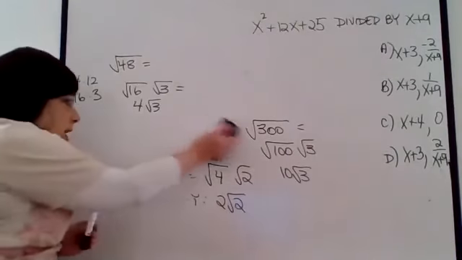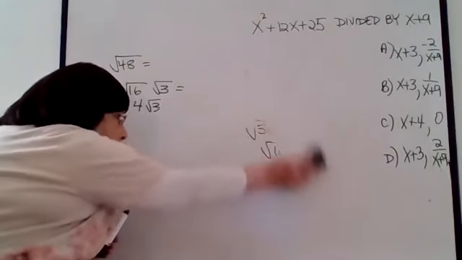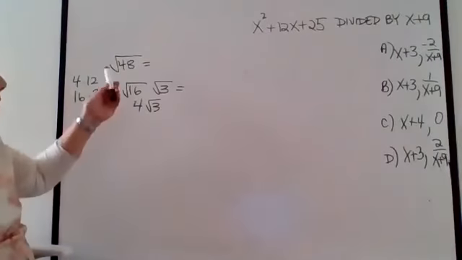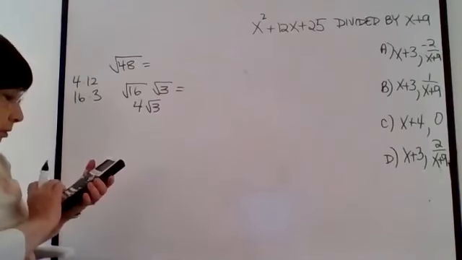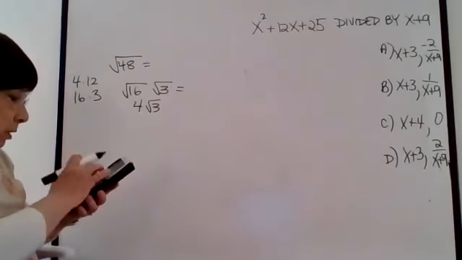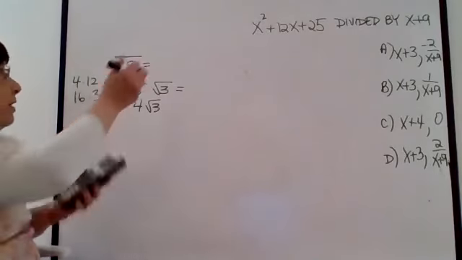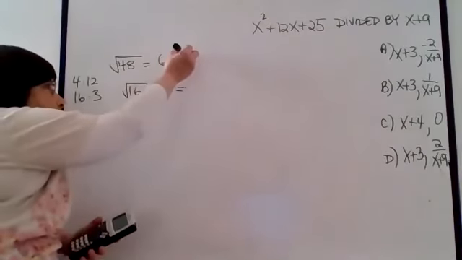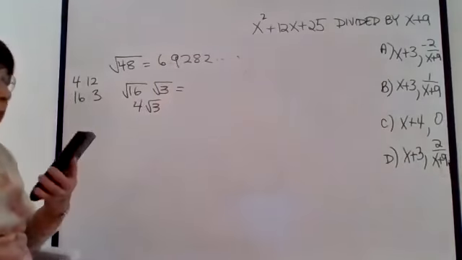And if you had your calculators, and from now on, I suggest you bring your calculator to class. If you put in your calculator square root of 48, I'm going to do that on my calculator. It comes out to 6.9282, and a bunch of other numbers.